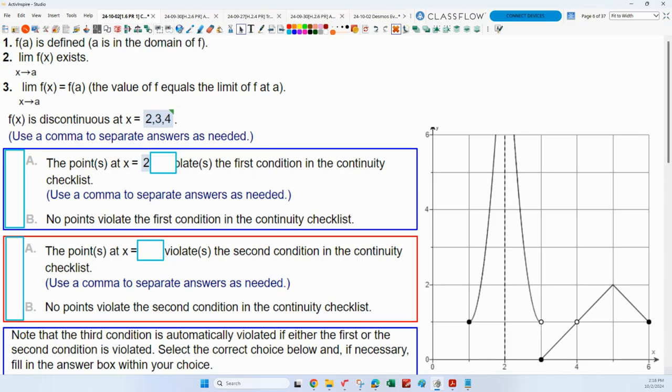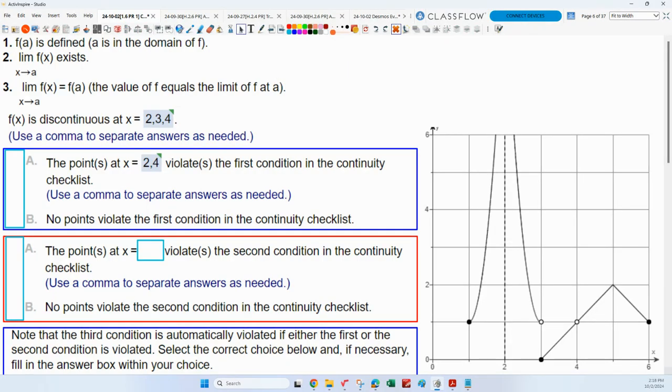What about at 3? Is the function defined? It is. Okay, so we're okay there. That does not fail the first test. What about at 4? It's undefined, right? So the points at 2 and 4 violate the first test, or the first condition.